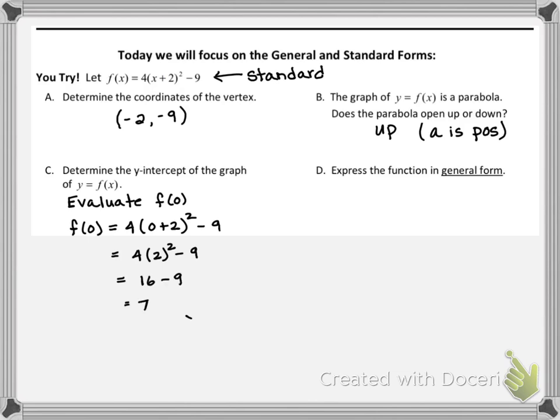What is that, 7? So f of 0 is 7, which means that my y-intercept is (0, 7).